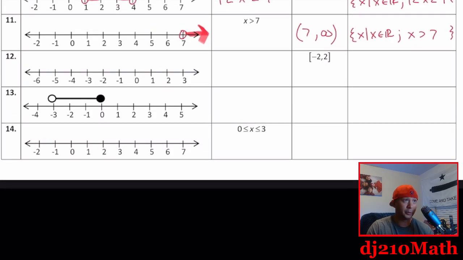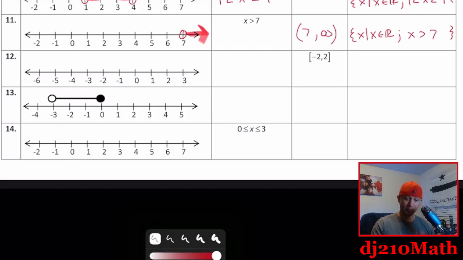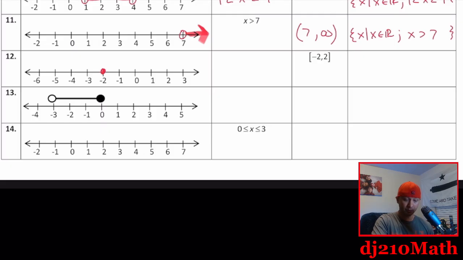All right, number 12. We have an interval, -2 to 2, including -2 and 2. So from -2, closed circle, to +2, closed circle, and every number in between.